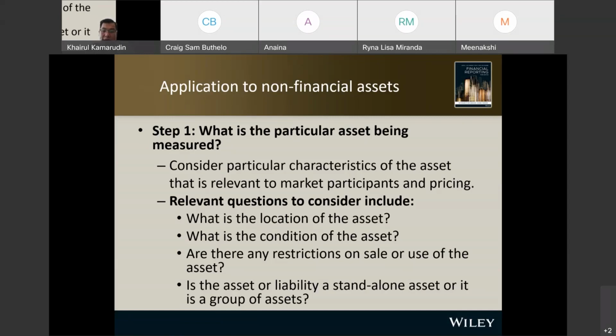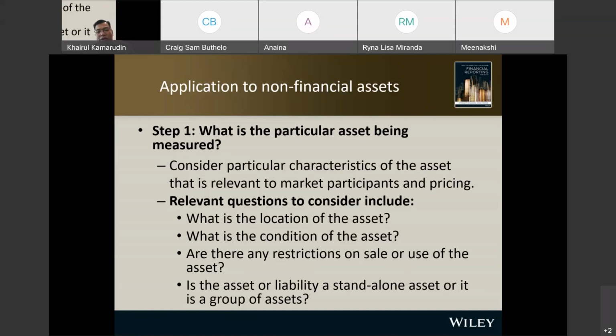A stand-alone asset, for example, a car. That's a stand-alone asset. But if you're talking about airplanes, Boeing 777 for example, you have many assets there. They have the engine, the body of the airplane, the navigation system, so many things.